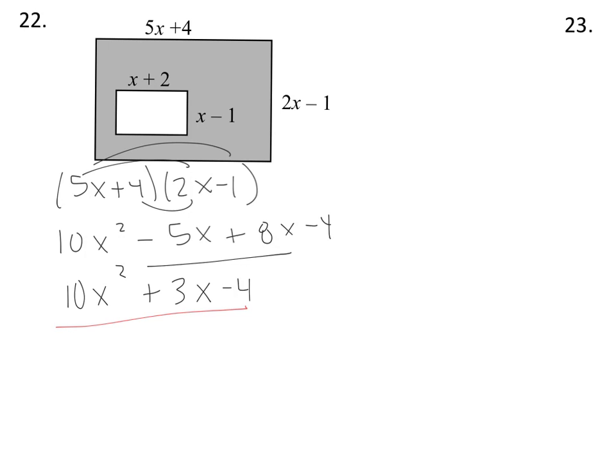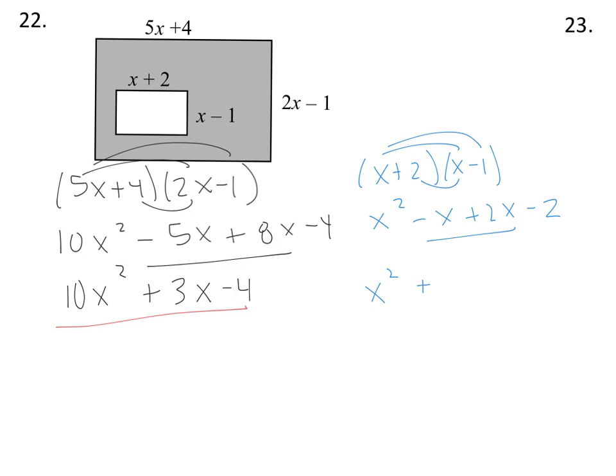Now, let's figure out the area for the smaller rectangle and get x plus 2 times x minus 1. Distribute, or FOIL, x squared minus x plus 2x minus 2. Combine my like terms, and negative 1 plus 2 is positive x, so x squared plus x minus 2.